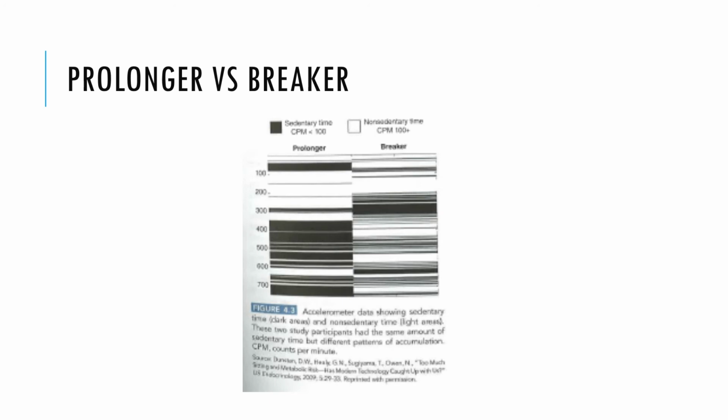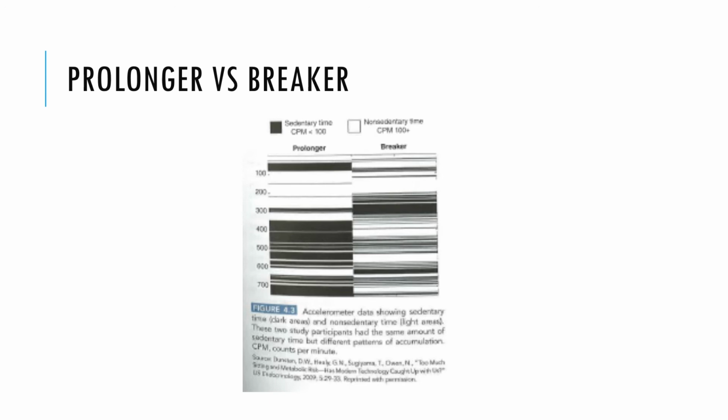This is from your textbook. It's an example of someone, what they call a prolonger versus a breaker. So this data is from an accelerometer, and this is a device that measures physical activity. And what you see, basically the dark sections are time that's spent constantly sitting, and the white is broken up time that's not sitting.